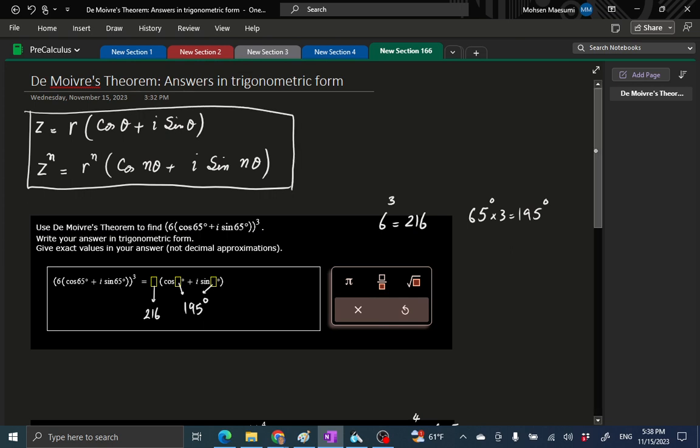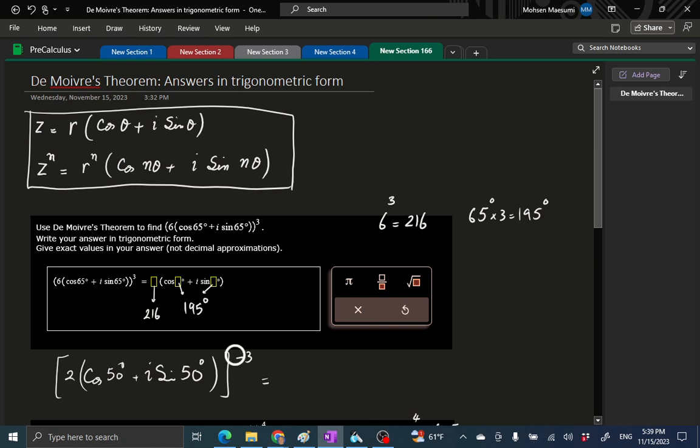I didn't see an example in your software where they would use a negative exponent. That's legitimate as well. So if I have, say, 2 times cosine of 50 degrees plus i sine of 50 degrees, and the whole thing is raised to the power of, say, minus 3.